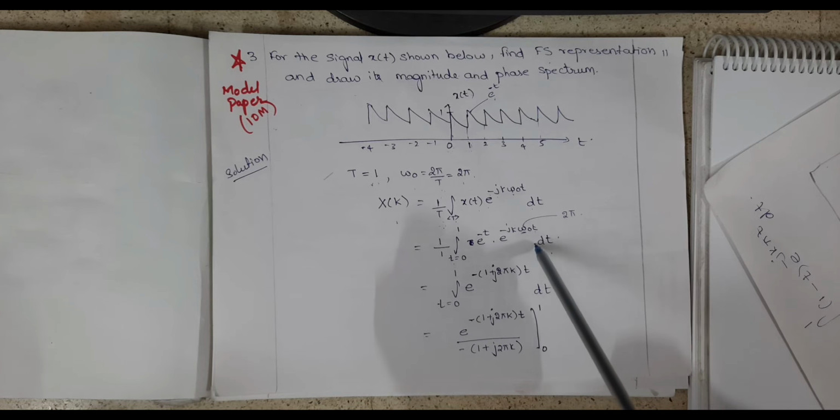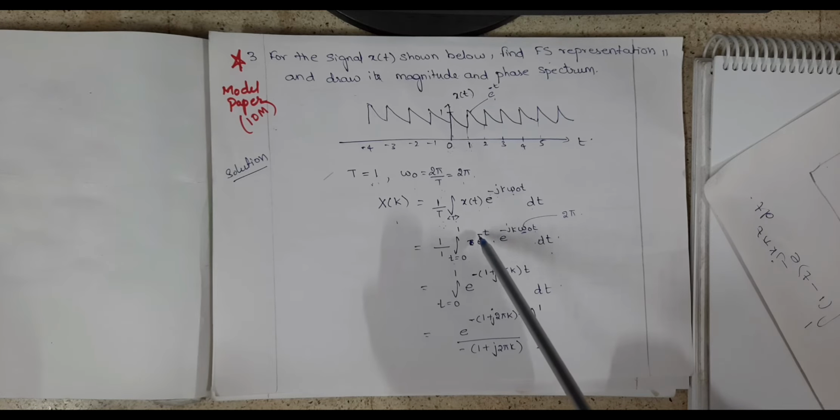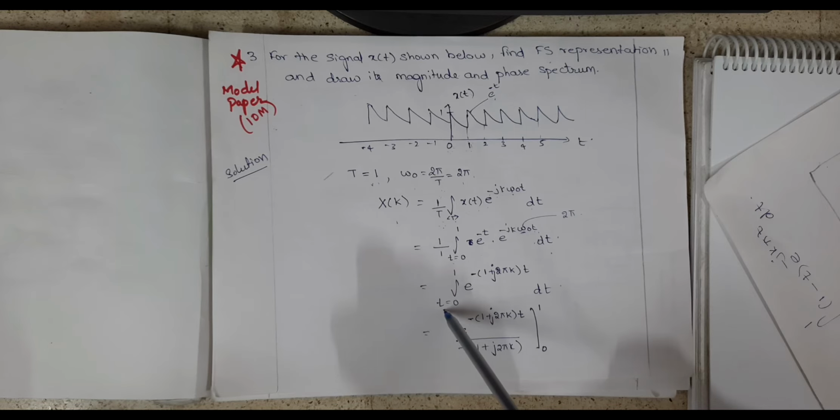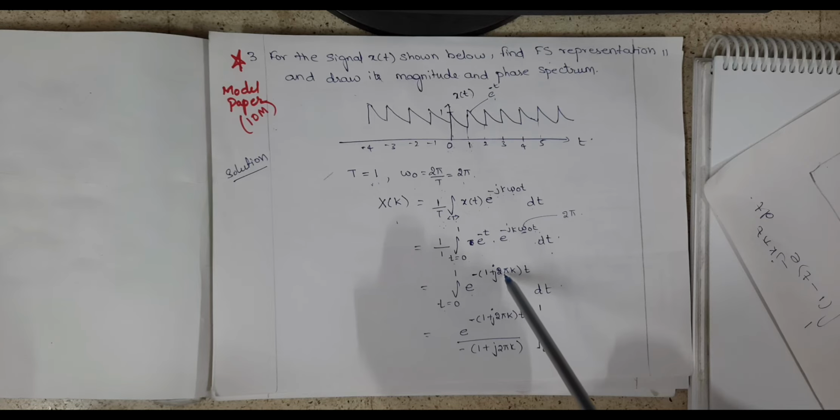Now from these two terms we can take minus t common in the power, therefore integration t equal to 0 to 1 e raised to minus (1 plus j 2 pi k) t. Apply the integration.